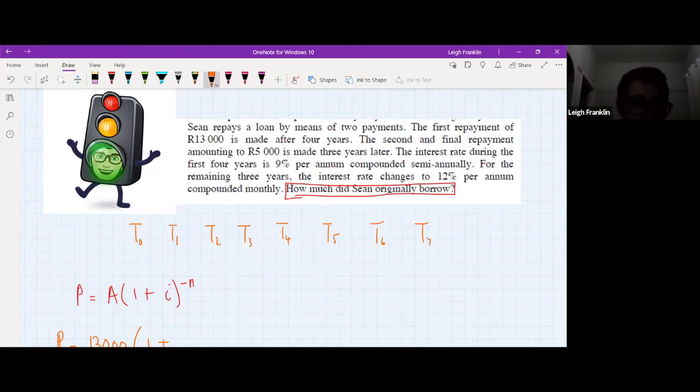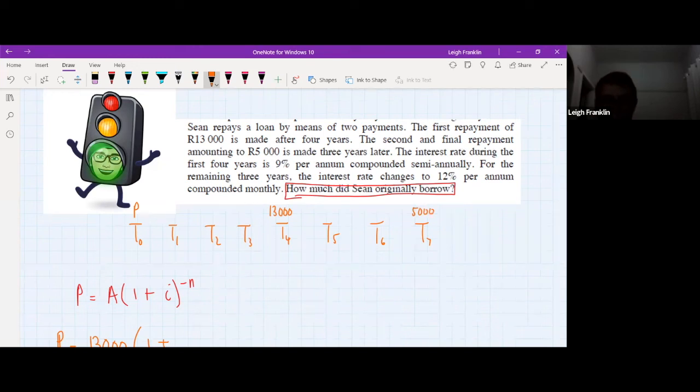Okay, so we're trying to work backwards to this. He pays 13,000 Rand after 4 years, 1, 2, 3, 4, and a second and final payment amounting to 5,000 Rand 3 years later. So 1, 2, 3, he pays that final 5,000.